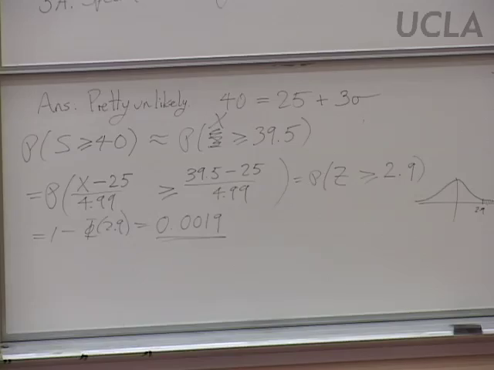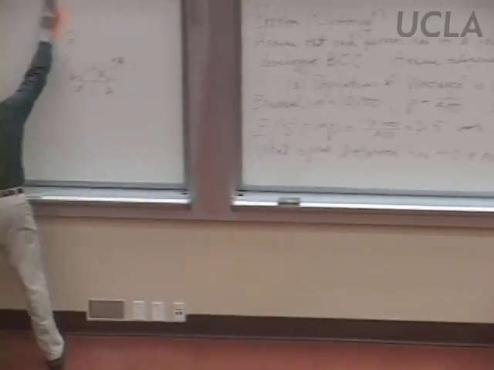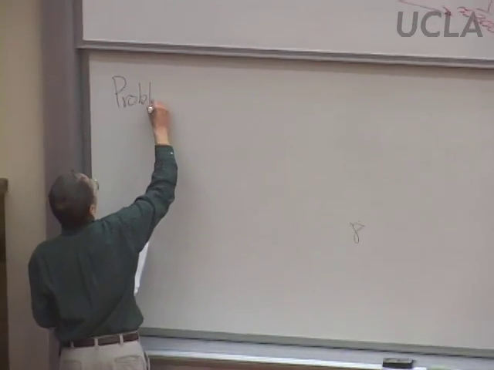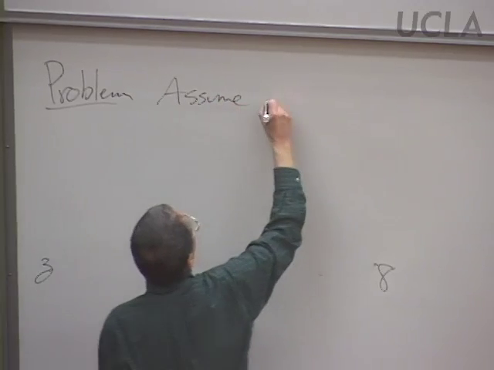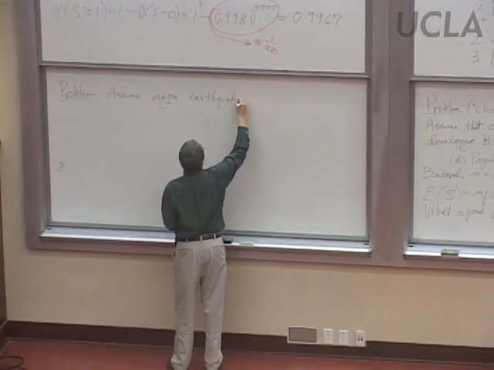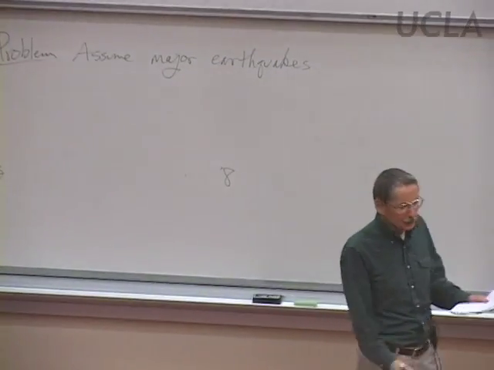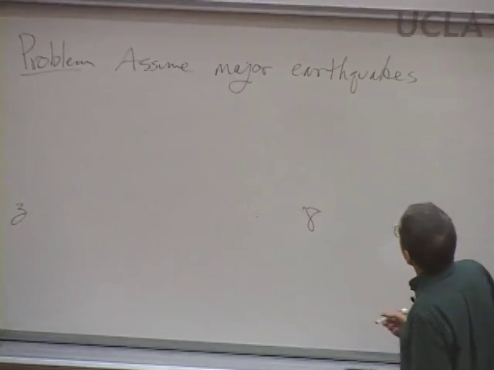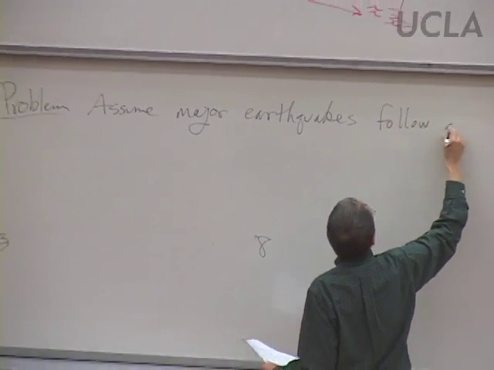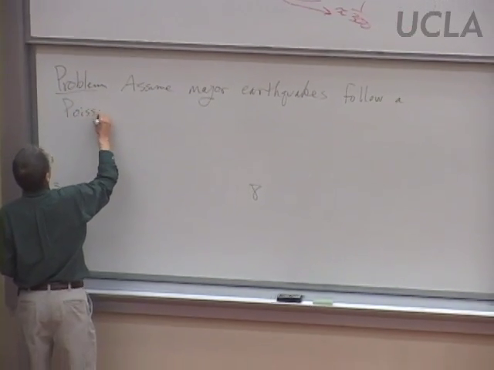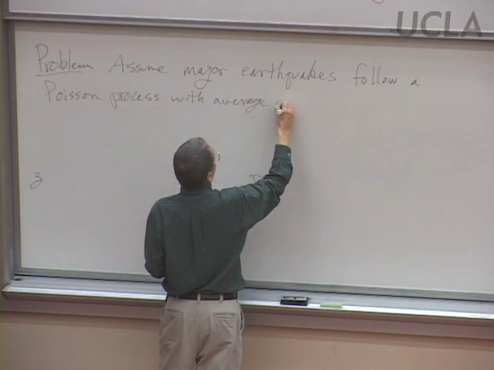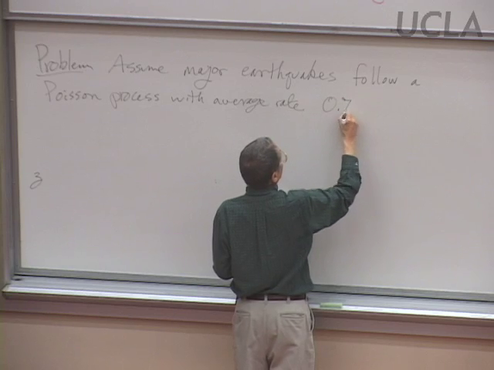One more problem. Going back to earthquakes, and speaking of the Poisson distribution, let's assume that major earthquakes worldwide, and not just looking at Southern California, but globally, for some criterion of what counts as major, follow a Poisson process with an average rate of 0.7 per month.